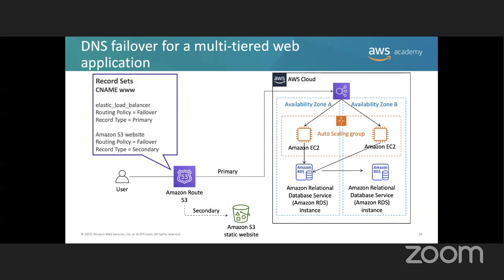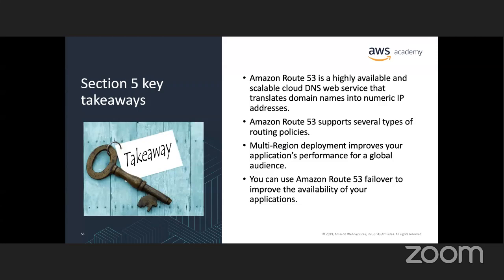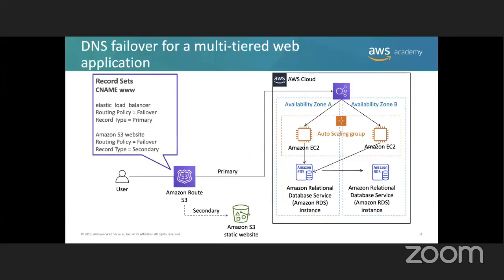Okay. And this is just a little overview of how failover for a multi-tier web application happens. Okay. But I do see many companies using the cloud as a disaster recovery type.